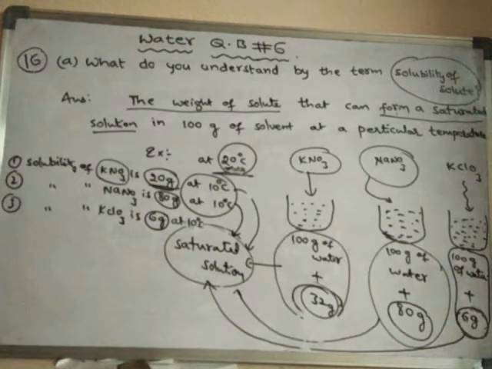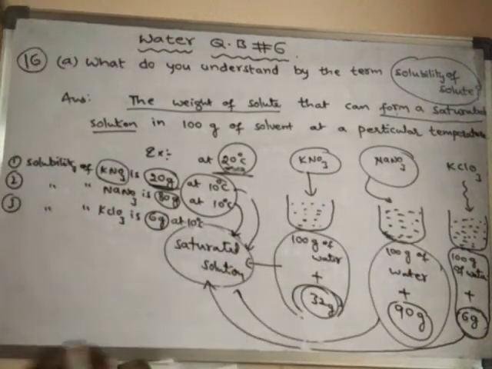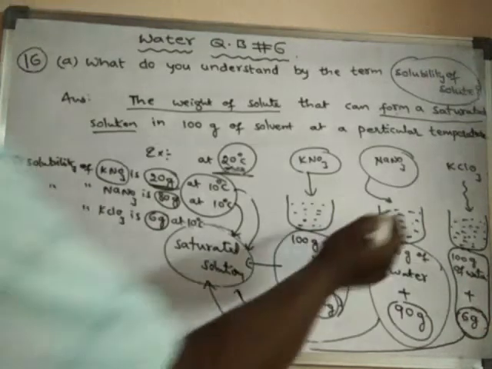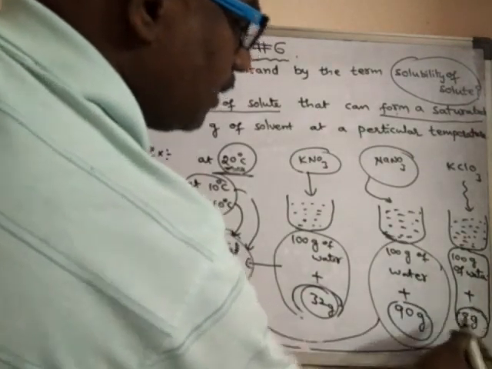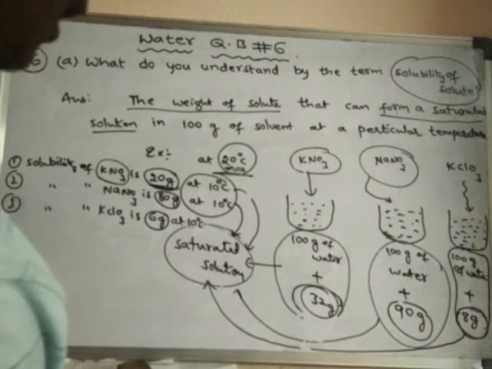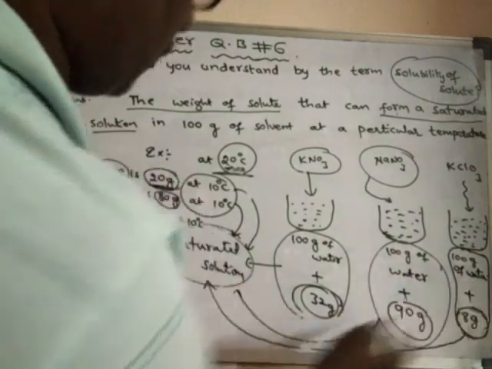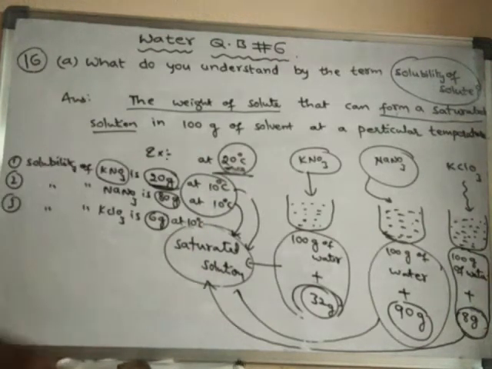I have to add 90 grams of sodium nitrate. At the same 20 degrees centigrade, how much potassium chlorate do I have to add? Around 8 grams, into 100 grams of water to form a saturated solution at 20 degrees centigrade. So from this I think you might have understood.